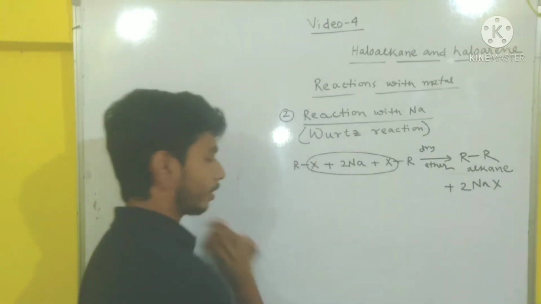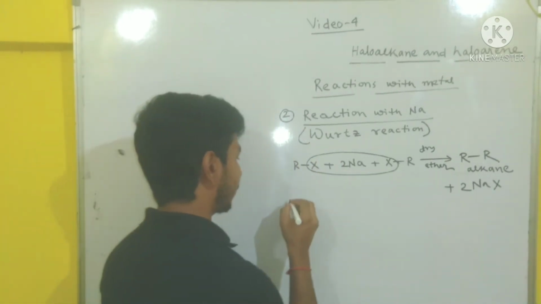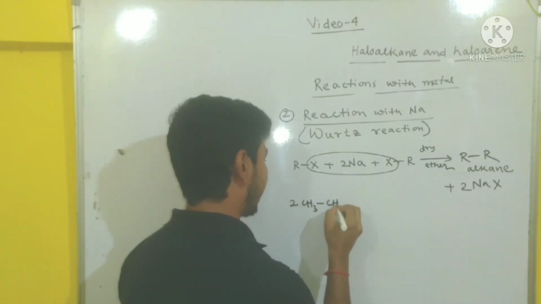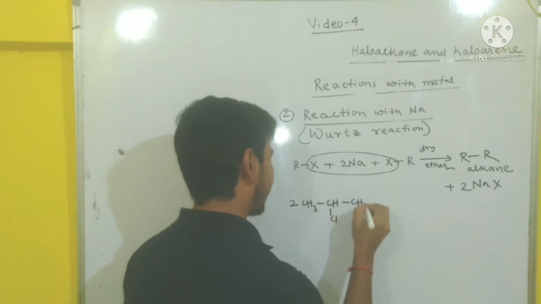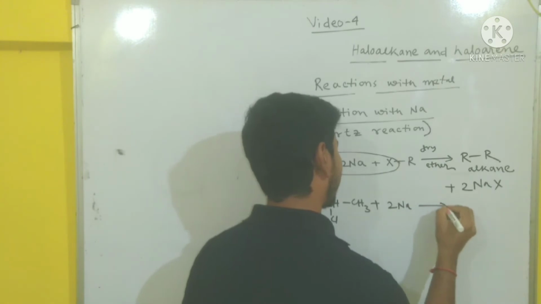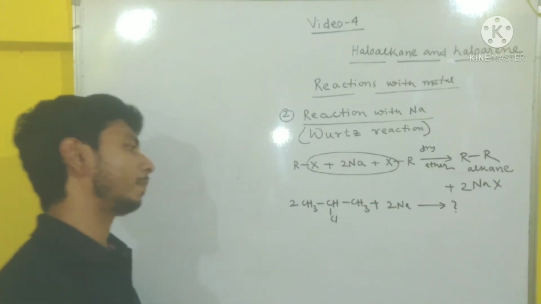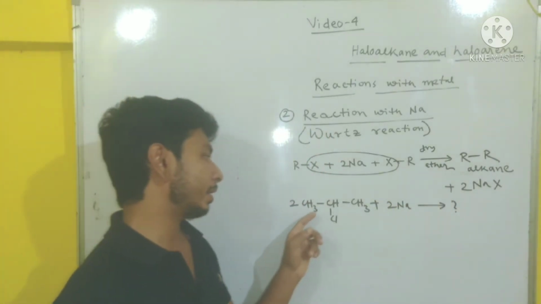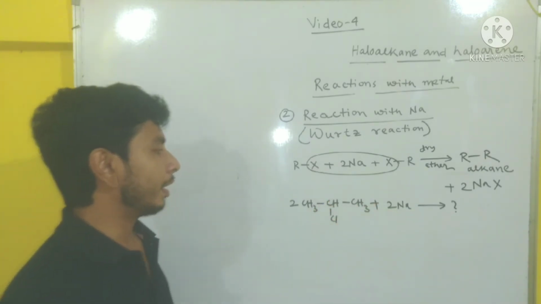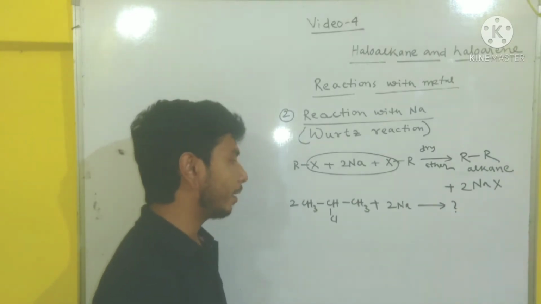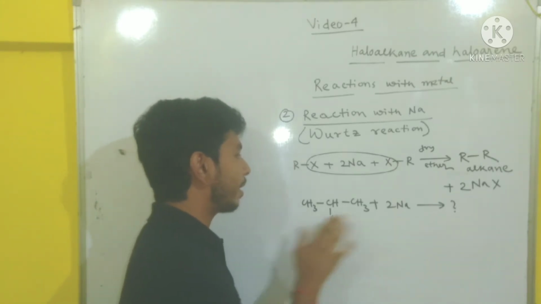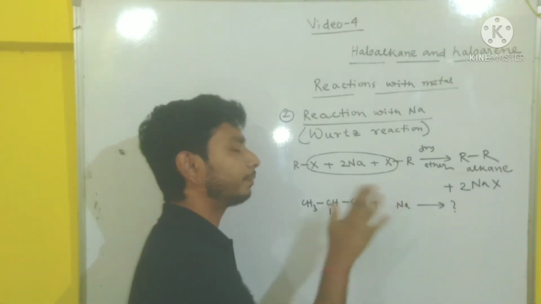Now suppose the reaction is CH3CHClCH3 plus twice Na. What will be the product? Now in the question paper, the reaction may be like this, where the 2 is omitted.